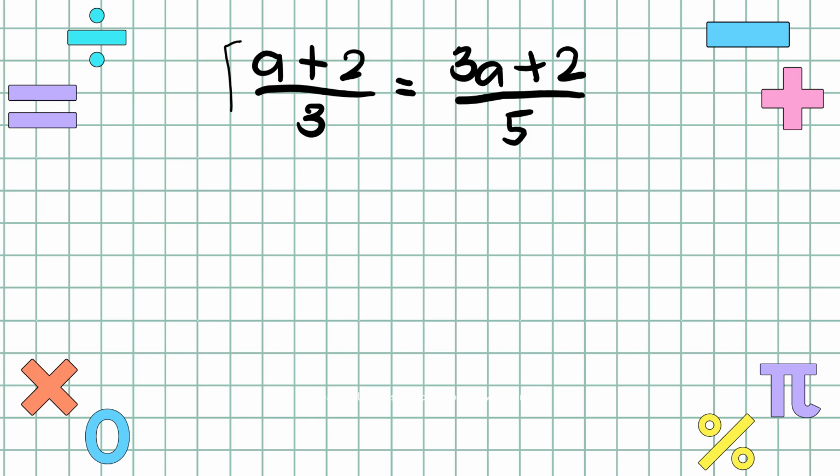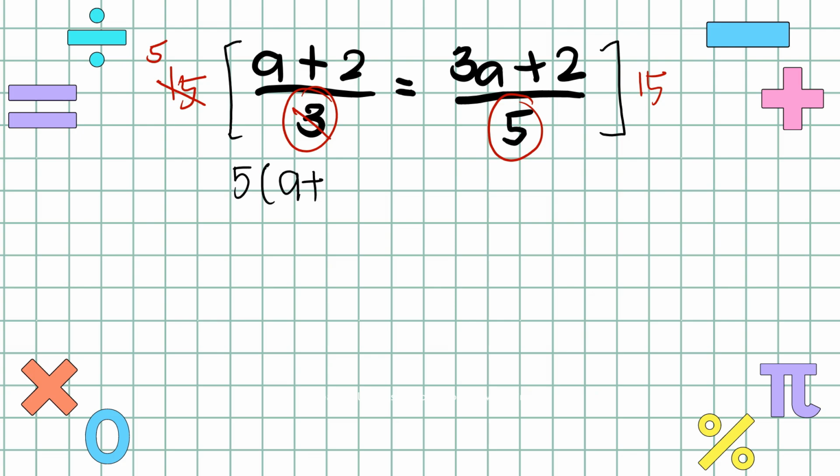So let's multiply once again our whole equation by the LCM of our denominators 3 and 5, and the LCM of these two is 15. So that we can cancel this. We can cancel the 3 and 15, and we'll have 5 left in 15. So we need to multiply now 5 by a plus 2.